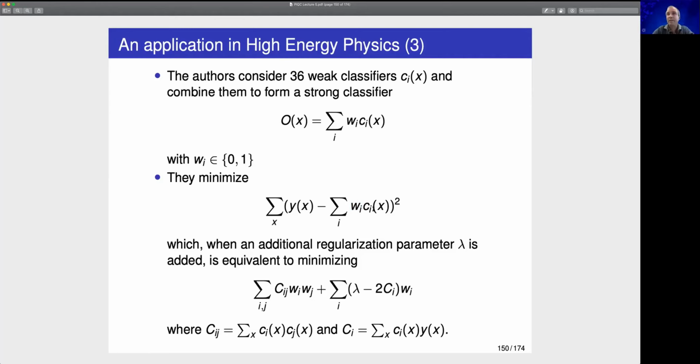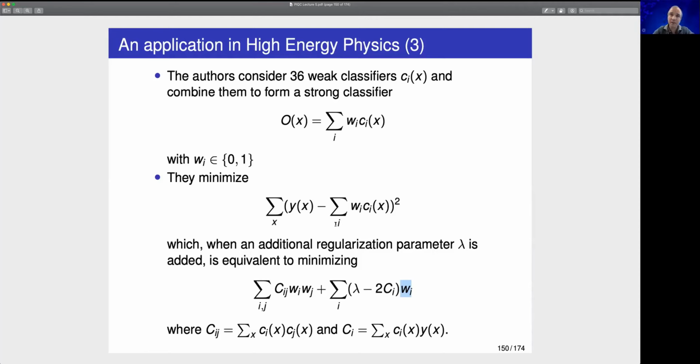If you expand this expression and you introduce a lambda parameter, which is a regularization parameter that you see here that only affects the w_i, what we are doing here is penalizing the inclusion of many weak classifiers in the strong classifier, okay? So this lambda is greater than 0, so if I add, for instance, all the w_i, this value is going to increase, so this favors that many of these values w_i are 0.